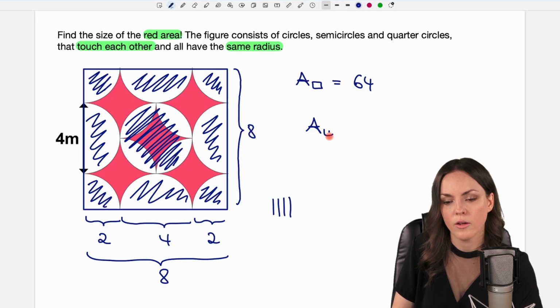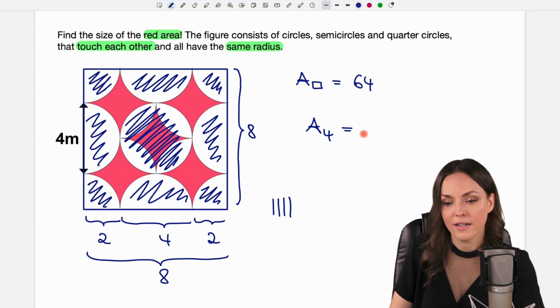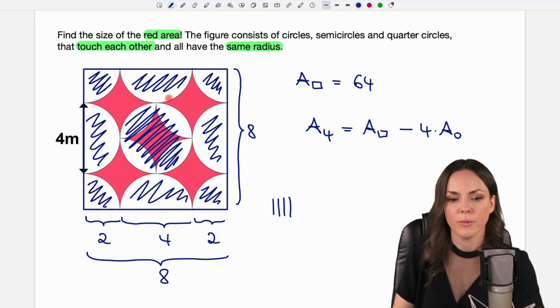So I call it a 4, not 5 in total, because we subtract this full circle in the middle as well, but it's better than nothing. We get the size of these 4 red stars by taking the area of the square and subtracting 4 times the area of a circle.